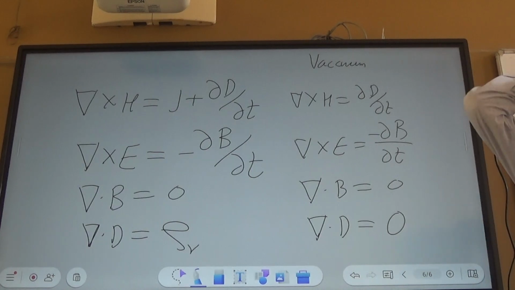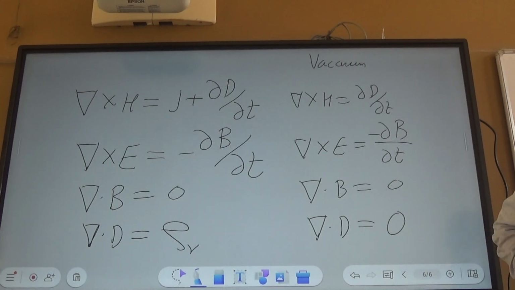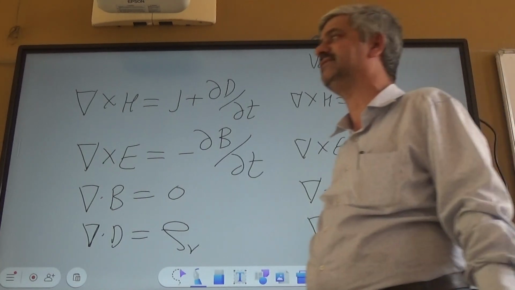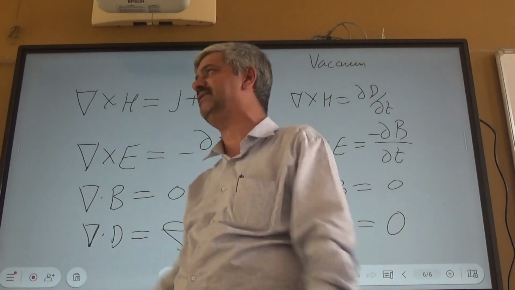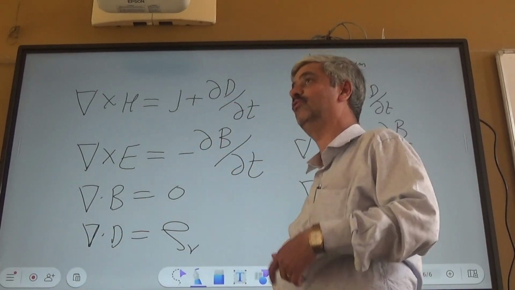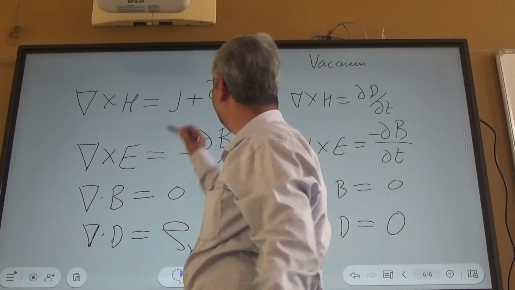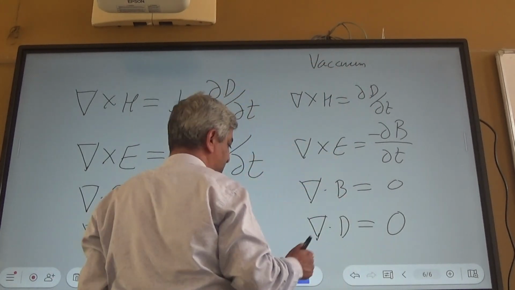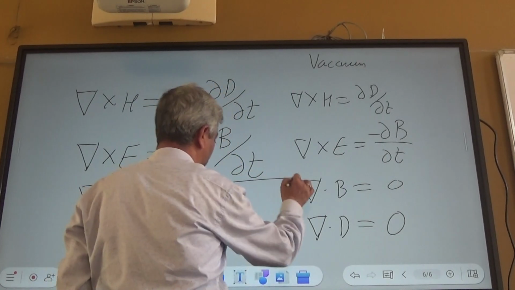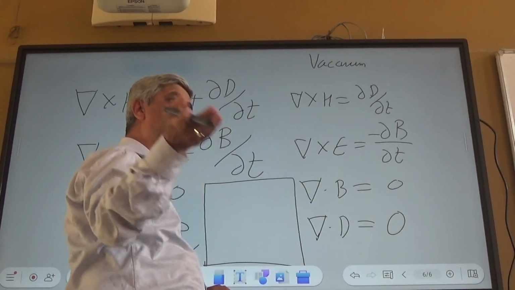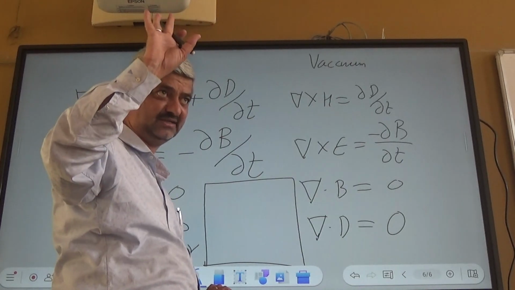And now, if everything is time varying, everything is said to be varying with frequency omega. So we have got a phasor concept in circuit theory. With that phasor concept, each field is said to be harmonic. Sine you can consider, or e raised to j omega t also you can consider.